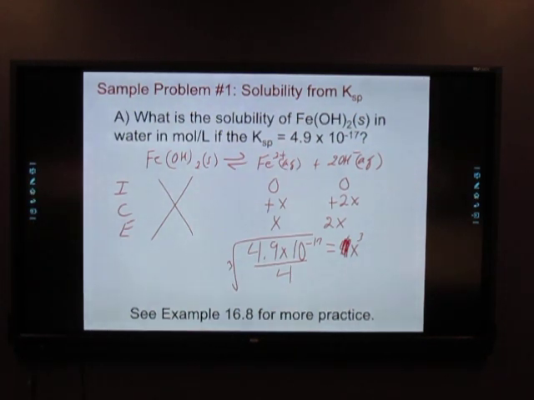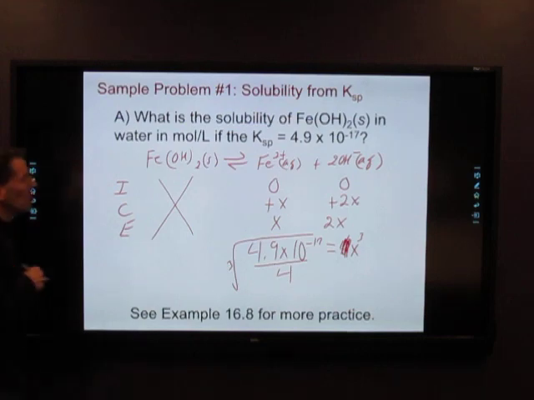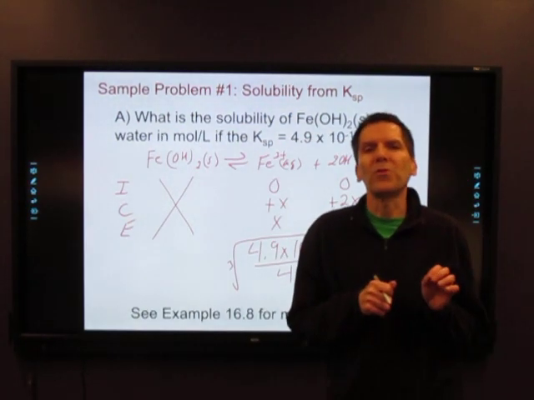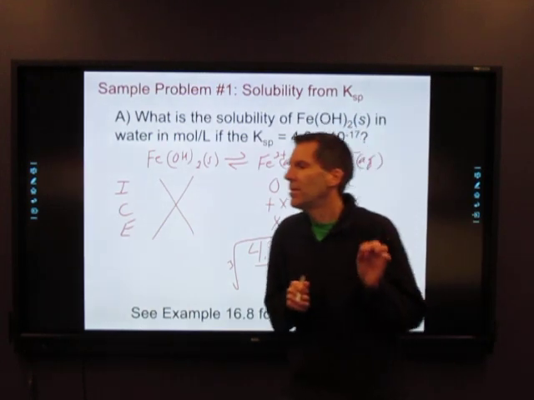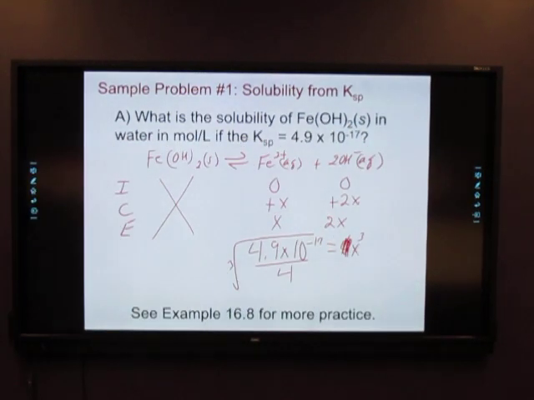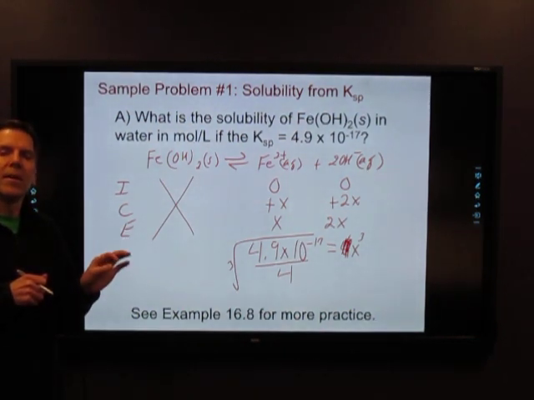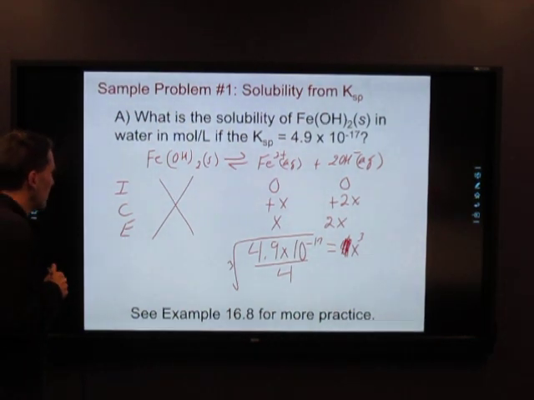You can try that on your calculator, and then I'll put the number up in just a moment. When you do that operation, the x value is 2.30 times 10 to the negative 6th. That's x.